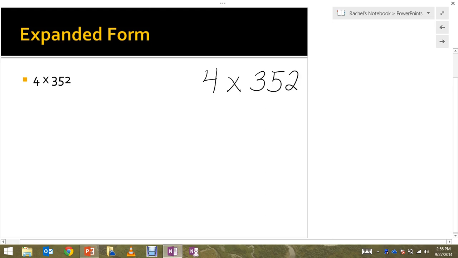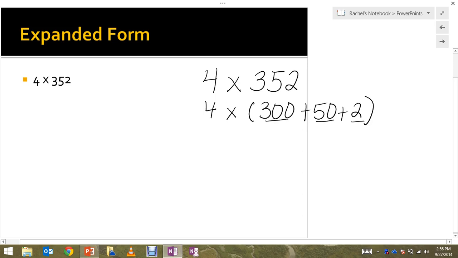So breaking apart 352 into the expanded form, 300 plus 50 plus 2. And this is just the same strategy as if we were drawing it in a rectangle. These 3 add-ins would be at the top of our rectangle, and the factor 4 would be on the side.